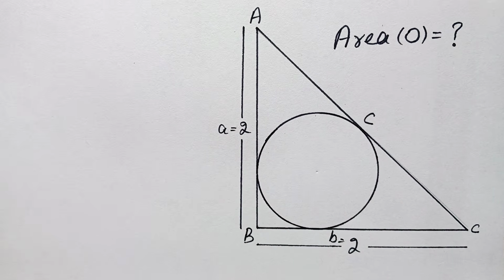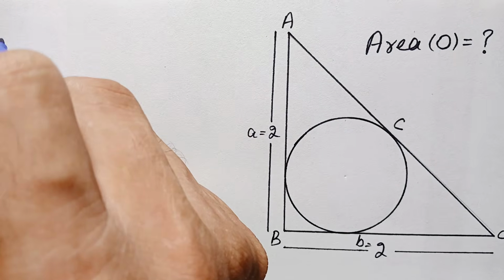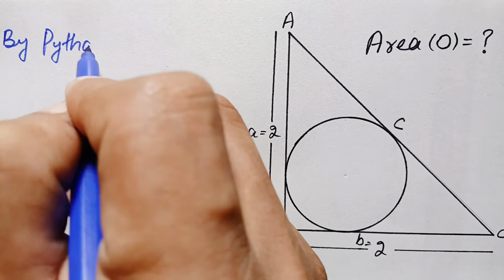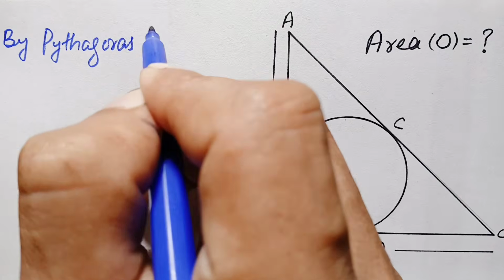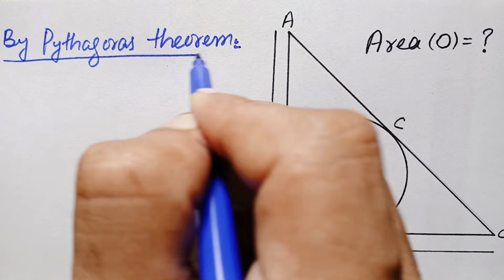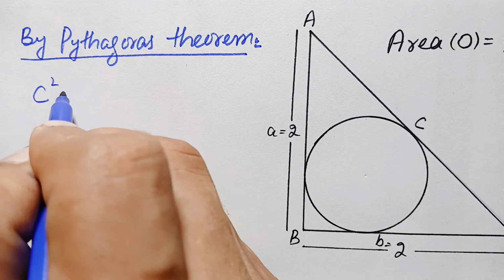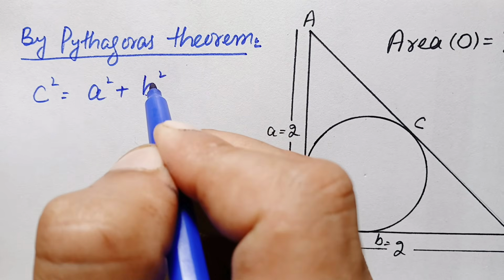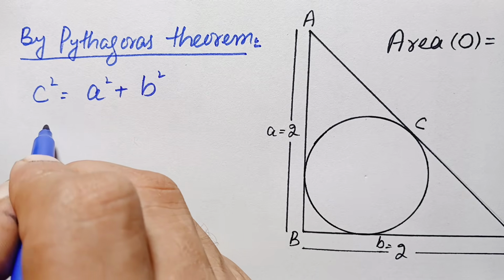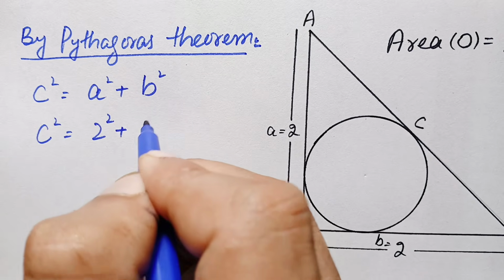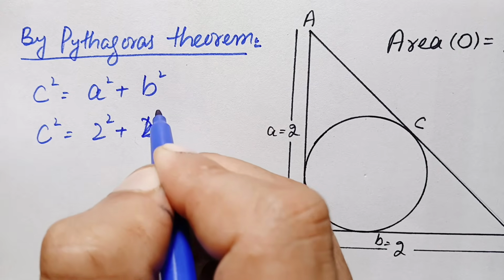So by using Pythagoras theorem we can write c square is equal to a square plus b square. Here the value of c is not given. The value of a is 2 and the value of b is also 2.